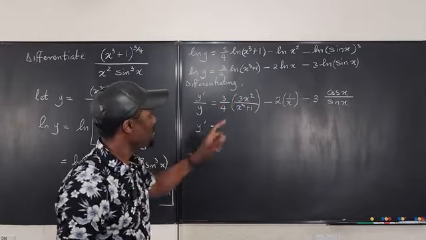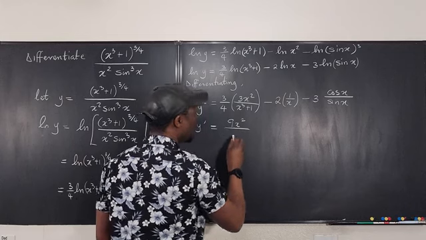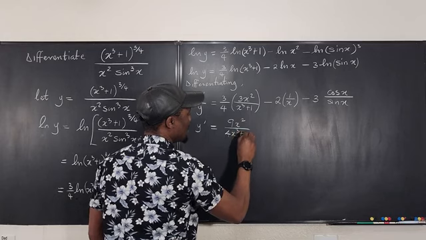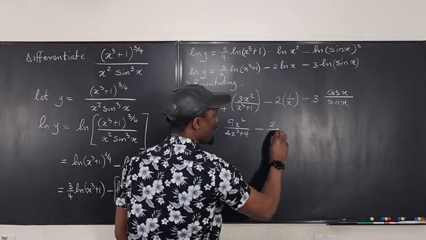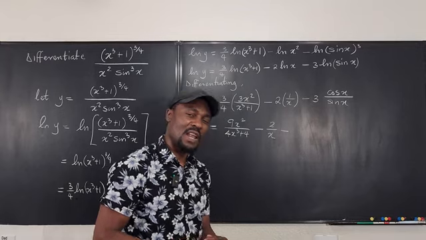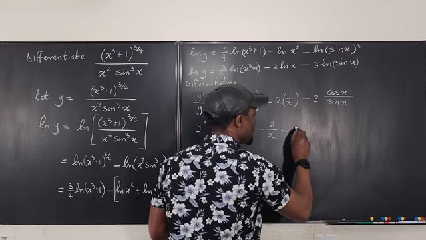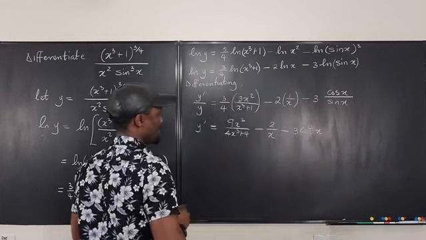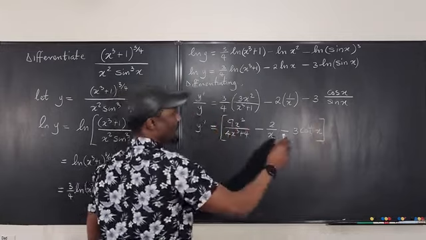So if I multiply this by this, I'm going to get 9x squared over, I'll write 4x cubed plus 4, just to keep it that way, minus 2 over x, minus, well, we know that cosine x over sine x is the reciprocal of tangent, which is cotangent x. So it's going to be 3 cot x. Nice. Remember, we're multiplying both sides by y.